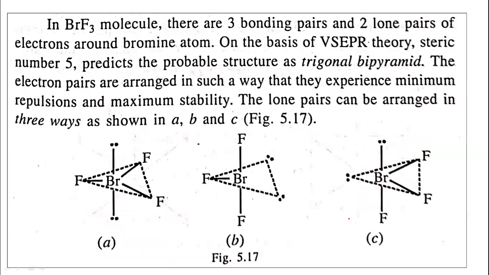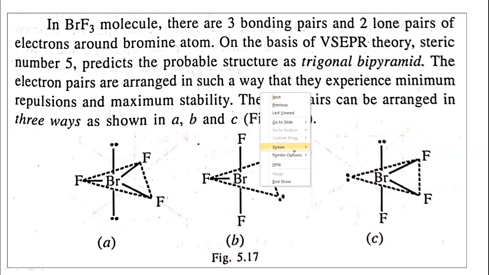On the basis of the steric number, which is 5, the predicted geometry of the BrF3 molecule is trigonal bipyramidal. For steric number 5, the predicted geometry is trigonal bipyramidal.